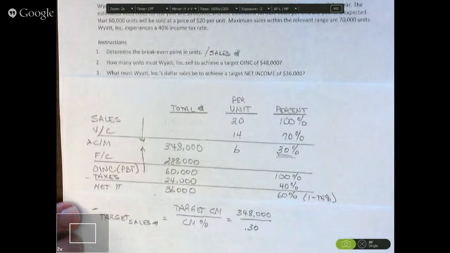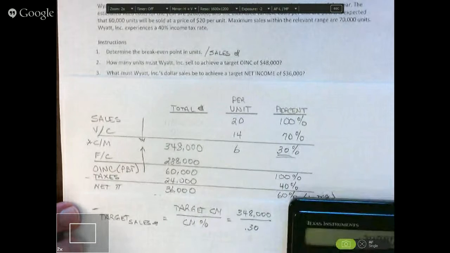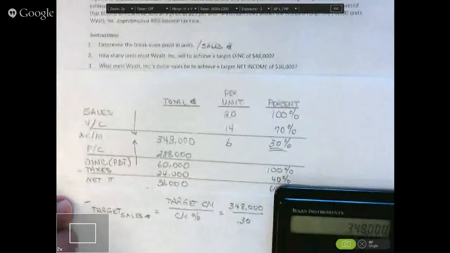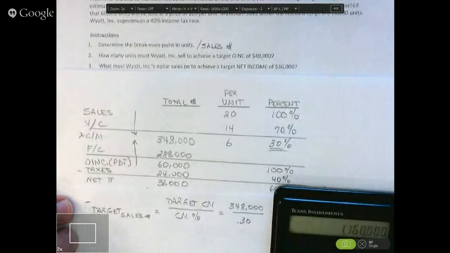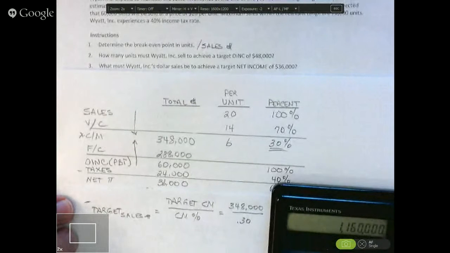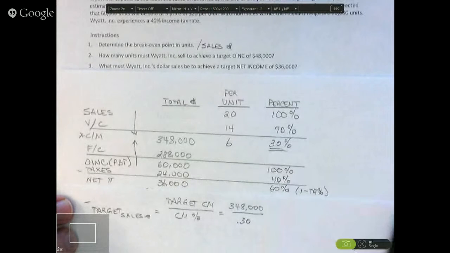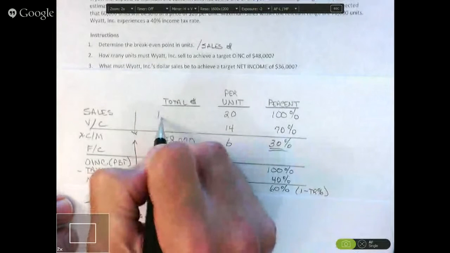That means that every dollar of sales contributes 30 cents to covering fixed costs and profit. So 348,000 divided by 30% means that the company must attain $1.16 million in sales in order to attain its target profit.